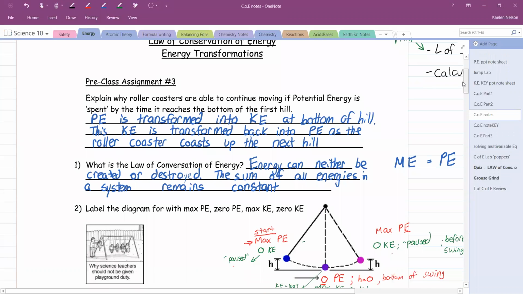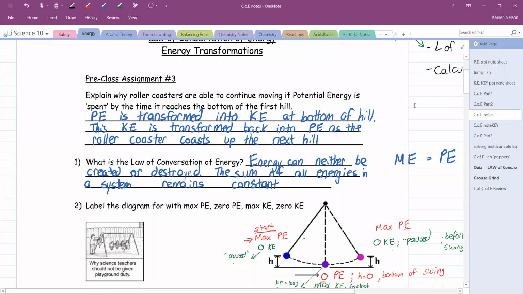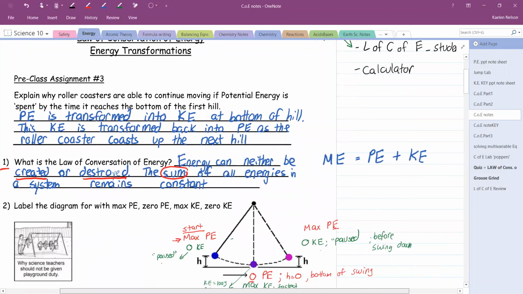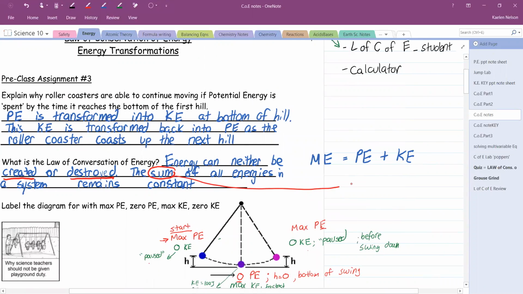Okay, the first part of this is filled in for you about conservation of energy, just some informational that you can add to your notes. The place I'd like to start is question 1, which is law of conservation of energy, and that is energy can neither be created or destroyed, and the sum of all the energies in a system remains constant. So when we look at our conservation of energy equation, we do have an addition sign between potential and kinetic.